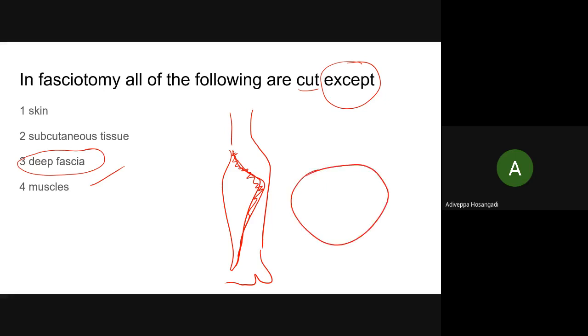You know the cross section of the forearm: radius, ulna, interosseous membrane, subcutaneous tissue, and the compartment deep fascia attaching to the bone, forming a compartment. Flexor compartment, deep and superficial.